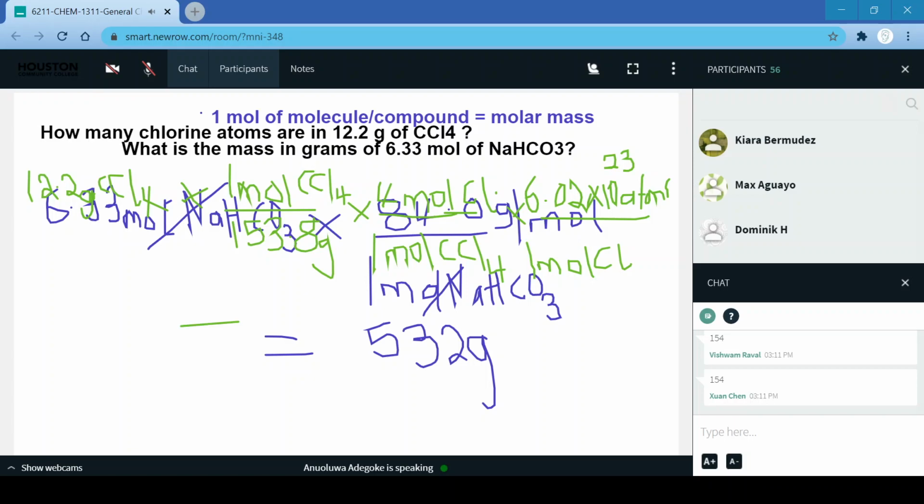Okay, before we do our final answer, we want to make sure that all our units cross out and all we have left is our desired unit, which is the atoms of chlorine.